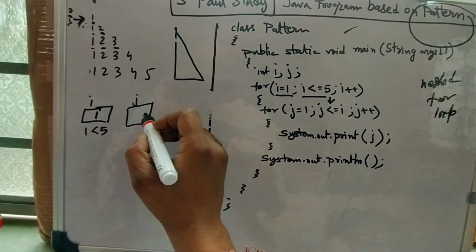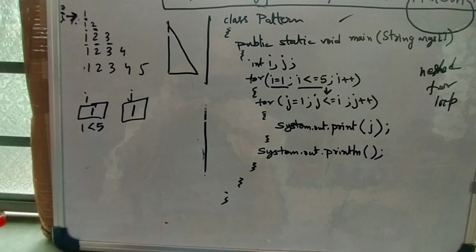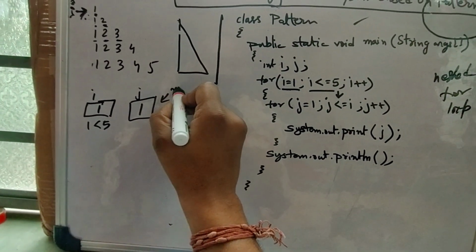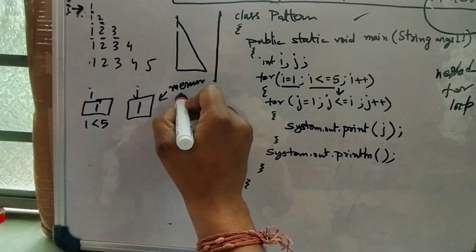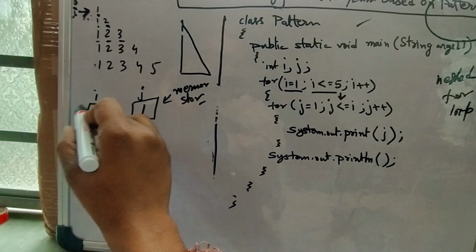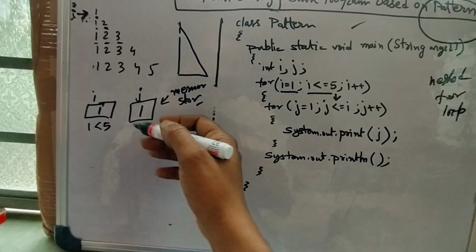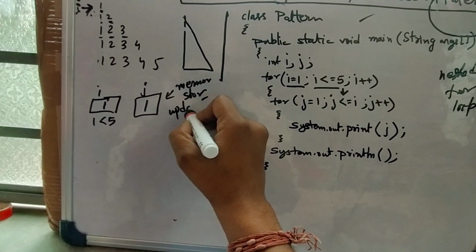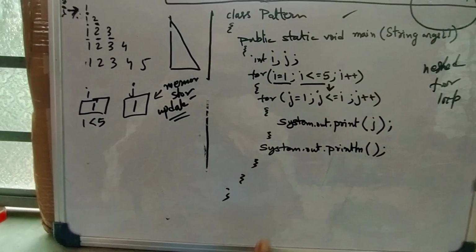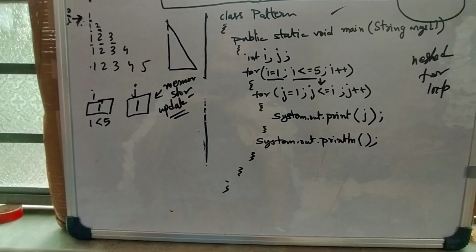We place the value 1 in j. So this is the memory. This memory storage depends on the variable, and this memory storage gets updated as the value changes.